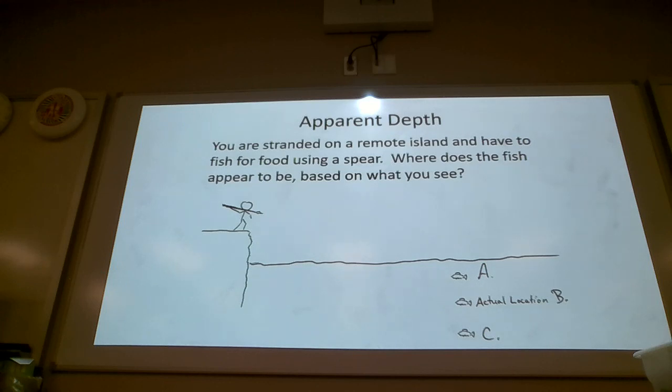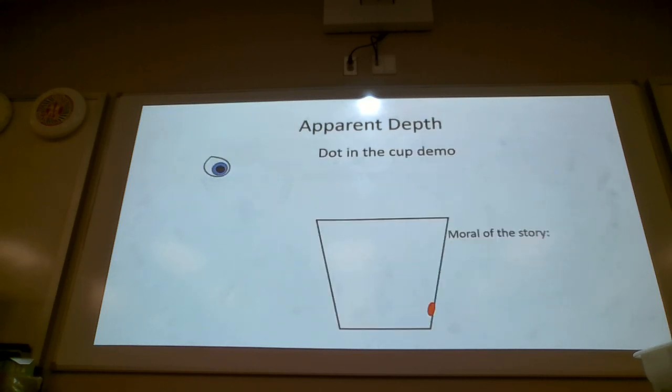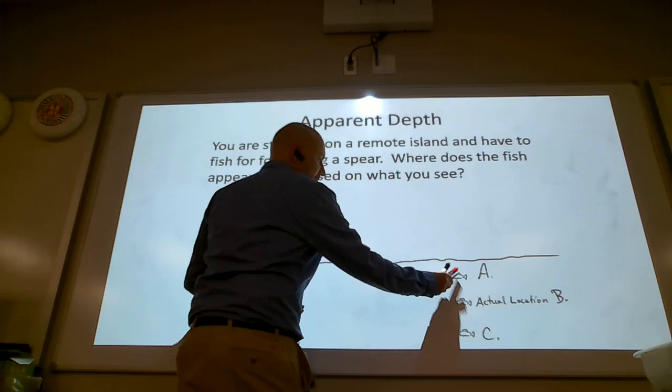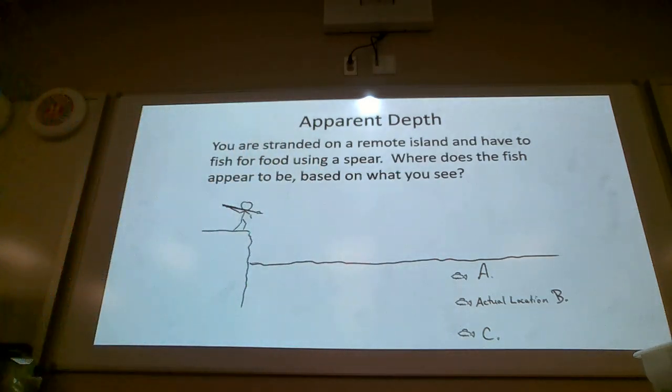Where did the dot appear to be? The dot appeared to be here. The fish appeared to be here. Shallower than it really is. So the fish is actually here. That's where the physical fish is. To your point of view, it looks like it's here.